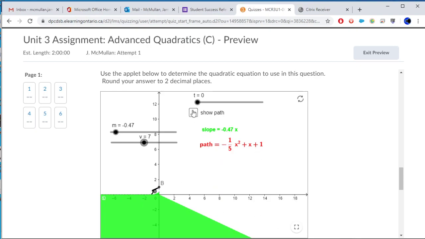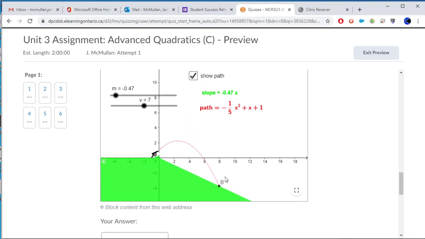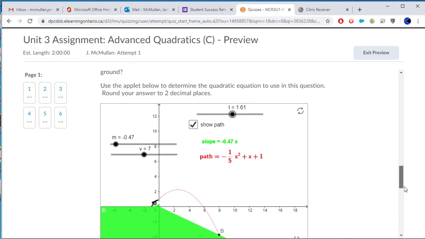Okay, so now we're going to show the path, and we're going to watch as the ball goes through the air, and then it reaches the ground. It looks like at about 1.61 seconds or something very close to that, right? I'm not exactly sure, but my answer is probably going to be pretty close to 1.61 because that's when it looks like the cannonball hits the ground.